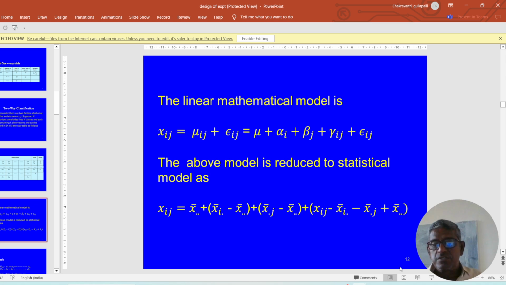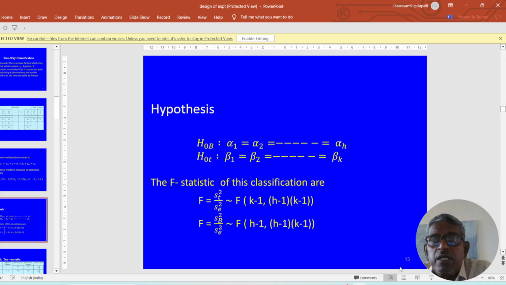That will give a statistical model of the given mathematical model. Now, the hypothesis to be tested here: we have to test both factors, factor 1 and factor 2. For factor 1 we use one statistic, and for factor 2 we use another statistic.